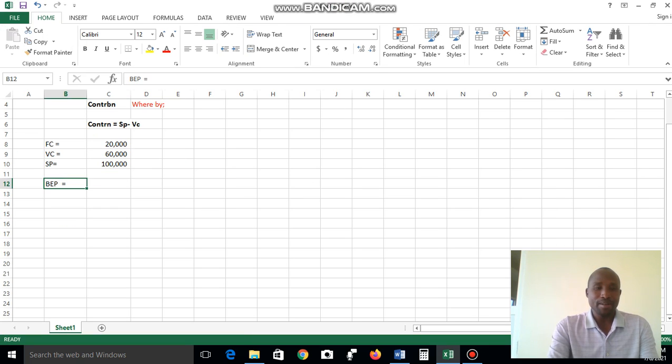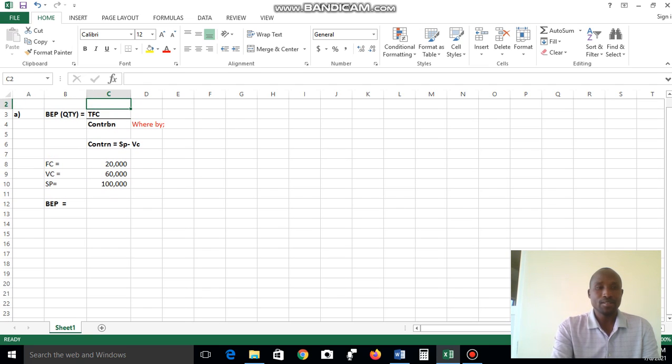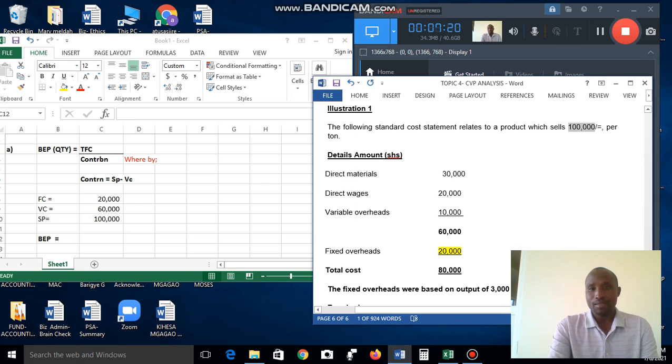Given all that, we want to compute the break-even point. Here we are given total fixed costs, and please remember we must know that much as those are the total fixed costs, we have units of output. This is the most important thing, the units which were produced given such costs.